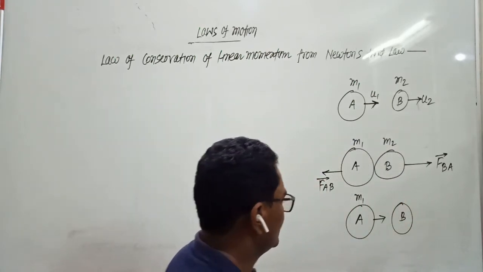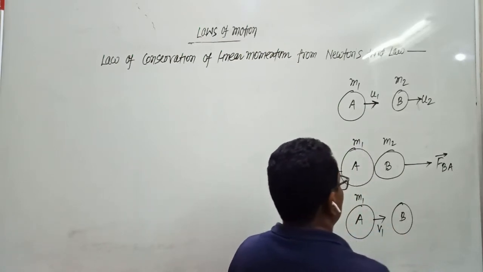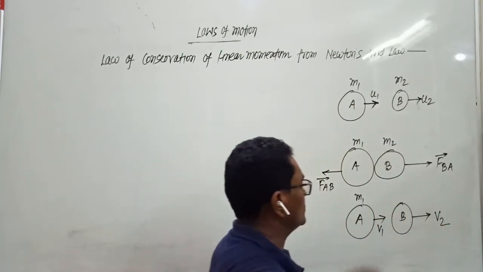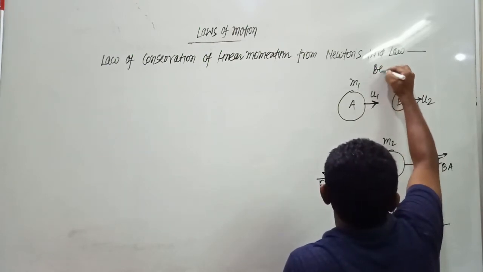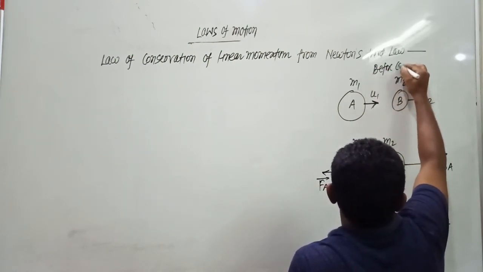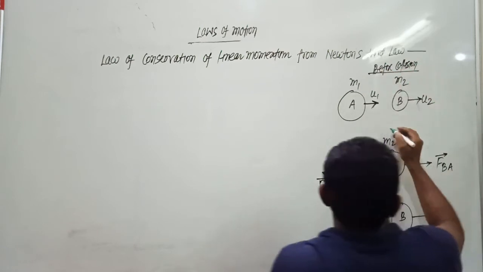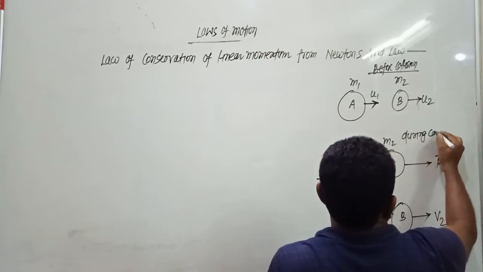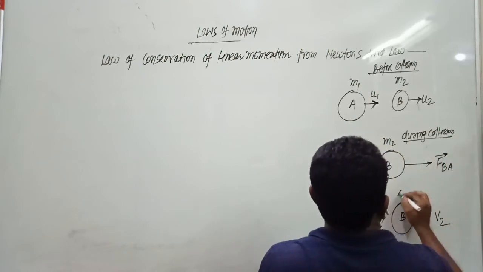When they collide, their velocities change. Body A is moving with velocity v1 and body B is moving with velocity v2. So this is the case before collision, this is the case during collision, and the third case is after collision.